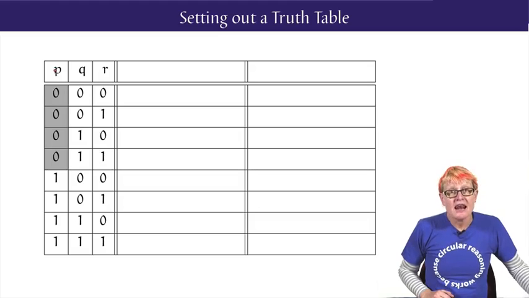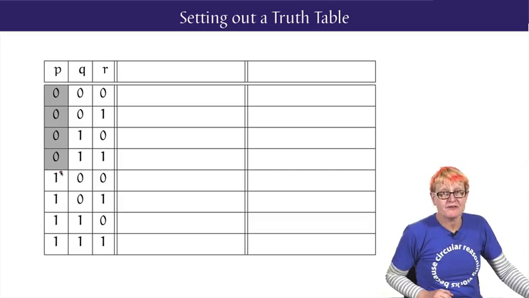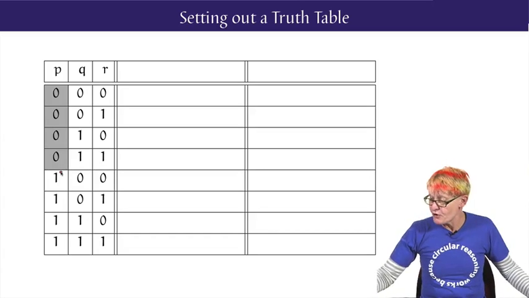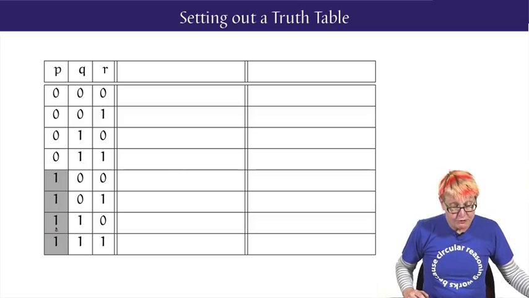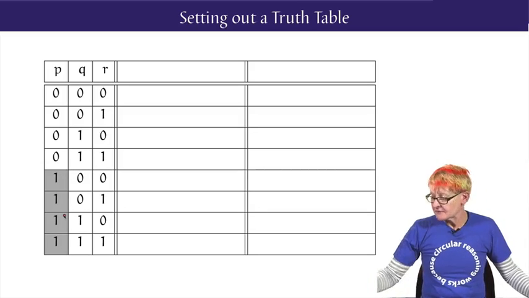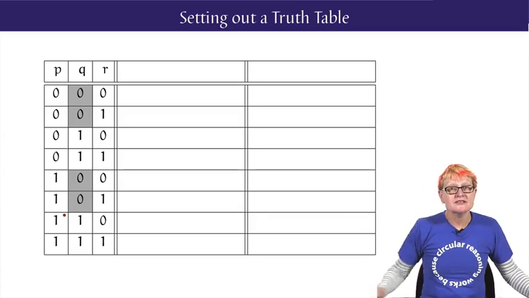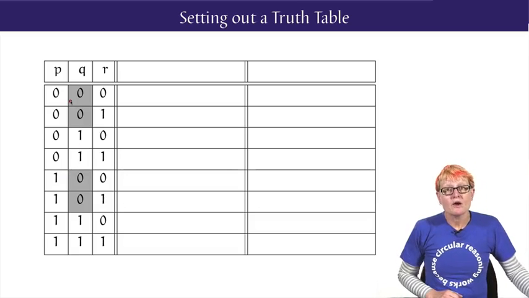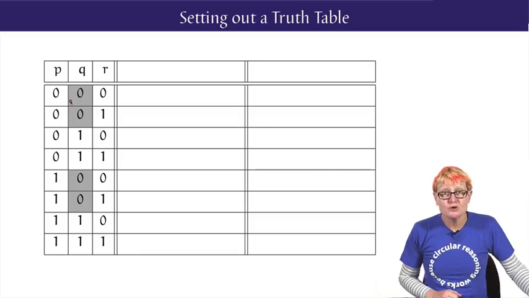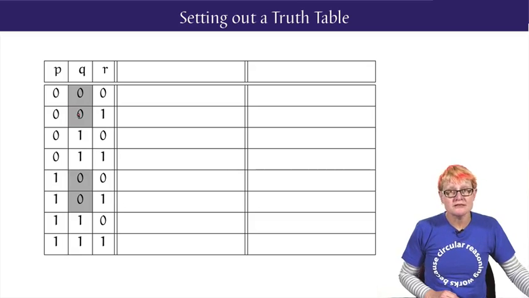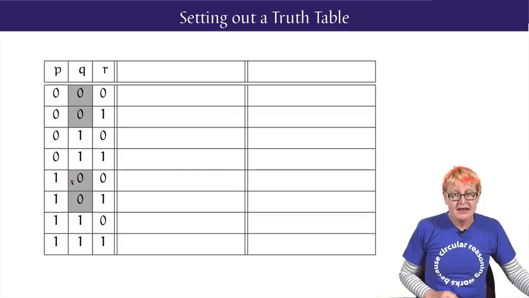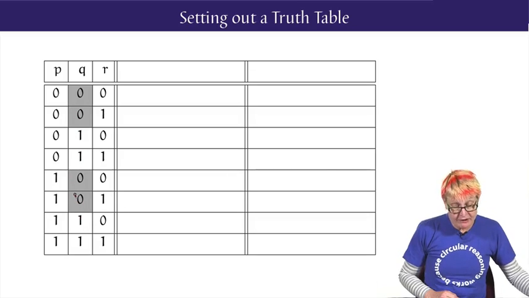Start with the leftmost atomic proposition P, and we're going to write zeros in the first half of the rows, the first 4 rows, and then write 1 in the second 4 rows under P. Then for the next atomic proposition, we will go down the rows by 2s, a quarter of the total, giving the first 2 rows zeros, the next 2 rows 1, the next 2 rows zeros, and the final 2 rows 1.